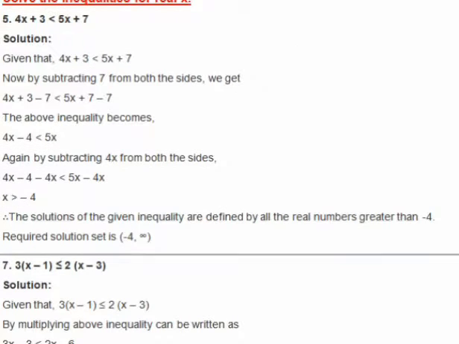Similarly, we solve another question. Here we solve for x: 4x plus 3 less than 5x plus 7 is given to us. Now we subtract 7 from both sides. We get 4x minus 4 less than 5x. After that we subtract 4x from both sides. Here 4x cancels, only minus 4 remains, and x remains. So x is greater than minus 4.